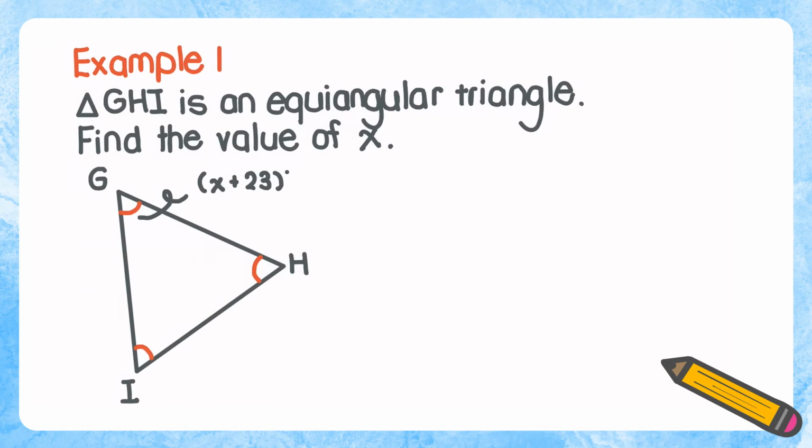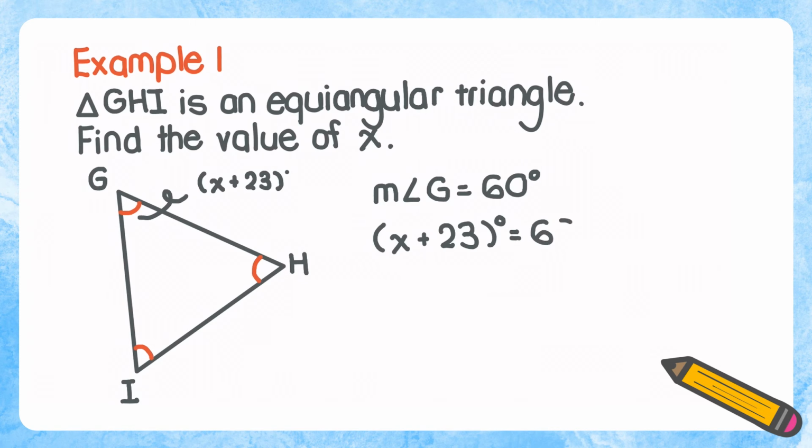Here's example 1. Triangle GHI is an equiangular triangle. We're going to find the value of x. And remember, you can pause the video at any time if you need more time to copy down the examples. Since this is an equiangular triangle, we know that each angle measures 60 degrees. So I know that the measure of angle G is 60 degrees. The measure of angle G is given as x plus 23 degrees.